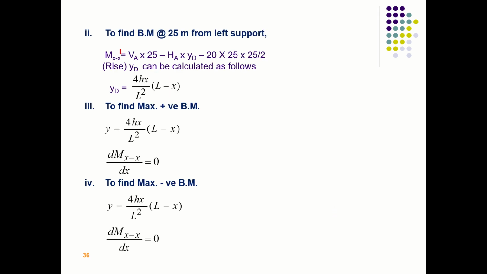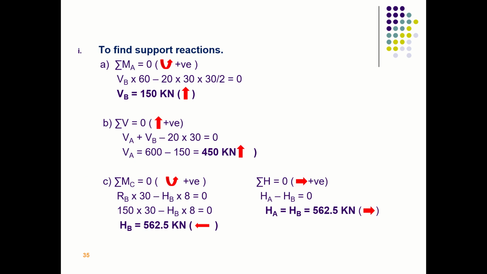The second step is to find the bending moment at 25 meter from the left support. So using the equation, we have determined Mxx is equal to VA into 25 minus HA into yD minus 20 into 25 into 25 divided by 2. Now please keep in mind that here you are using the UDL over a span of 25, not 30. See, here you have used it over a span of 30, right? But why?